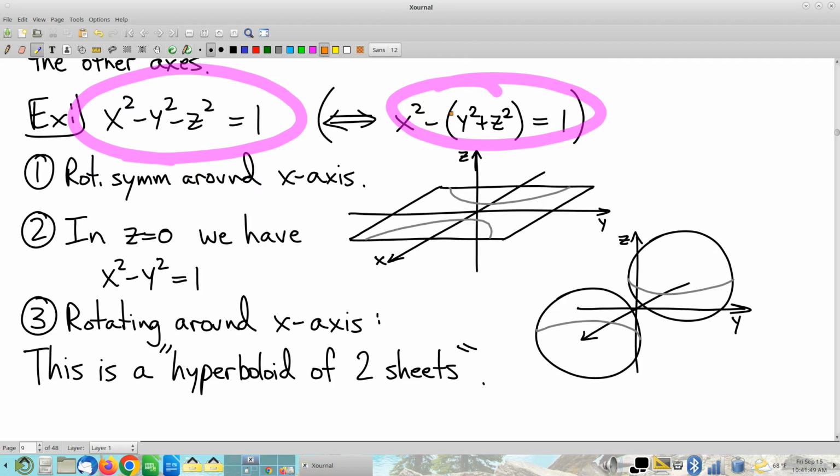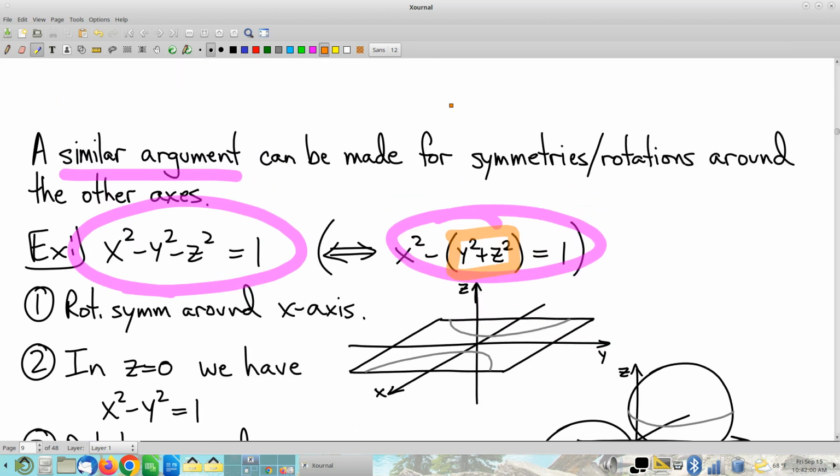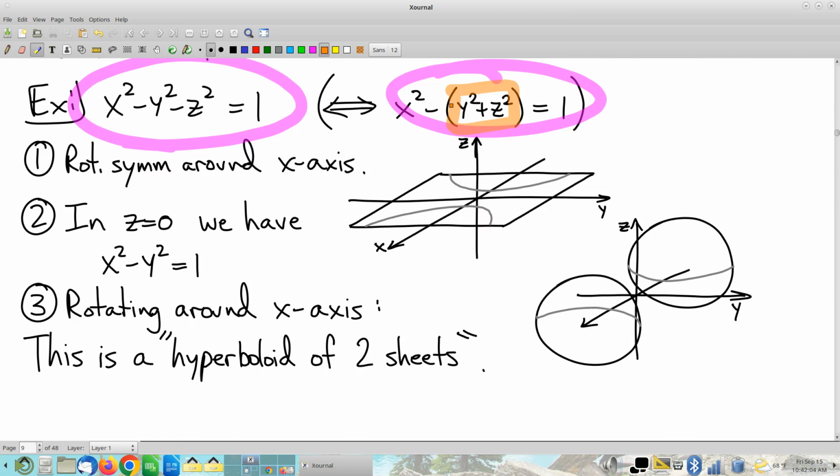I've got y and z appearing only in the special form. Again, citing a theorem that y'all are going to think through on your own, because it's y and z that appear in the special form, that makes this, I claim, rotationally symmetric around the x-axis.